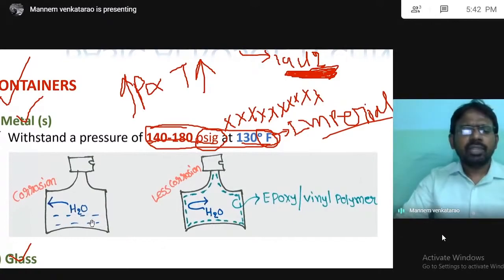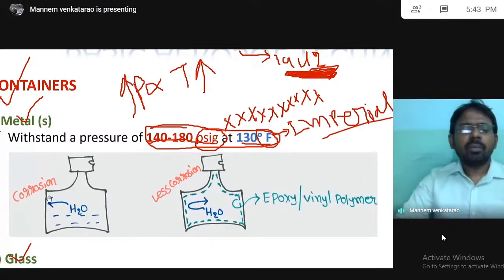Or if there is any acid moiety in the product, like H2SO4, oxygen is present. If any air is present, O2 is present. This oxygen will cause the oxidation of the metal surface. The oxidation of a metal surface is called corrosion. That's why there is a formation of rust across the inner walls of the container.